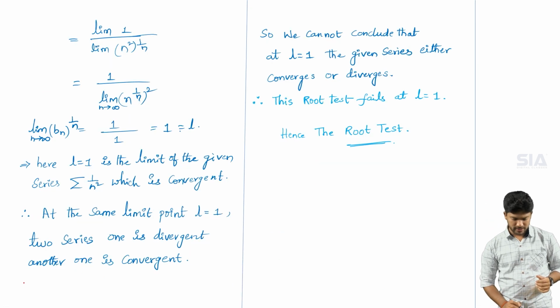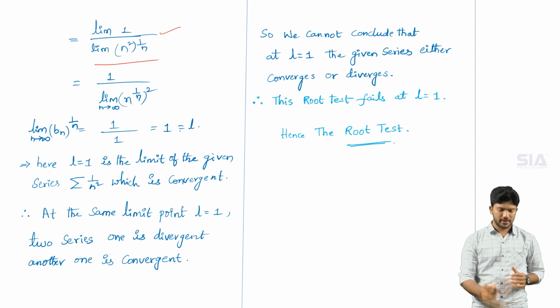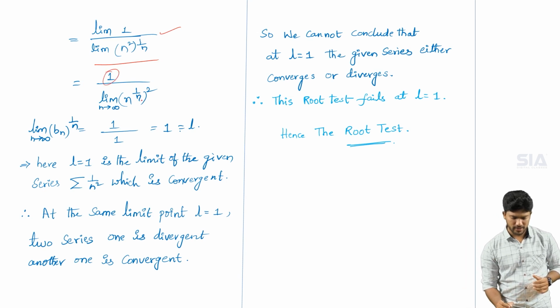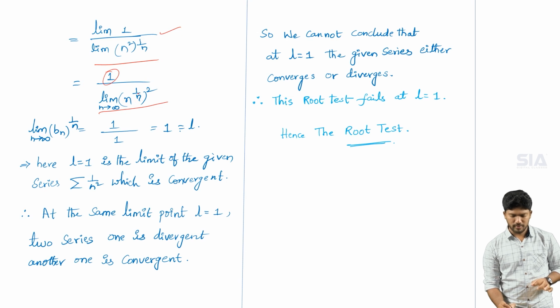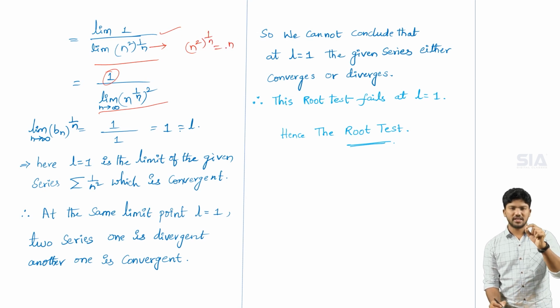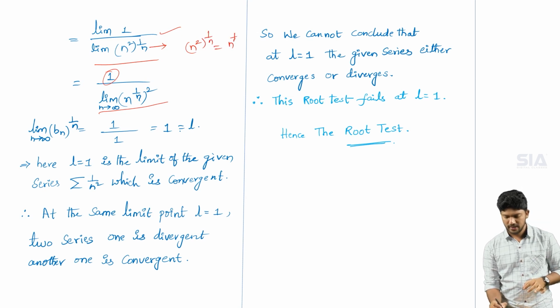Okay, so therefore from that condition, limit 1 by limit of (n square) whole power 1 by n. So limit 1 is nothing but 1 only, and limit n tends to infinity, this value you can write as (n power 1 by n) whole square. From the properties of surds and indices we can write that. Why? Because (a power m) whole power n, you can write as (a power n) whole power m also.